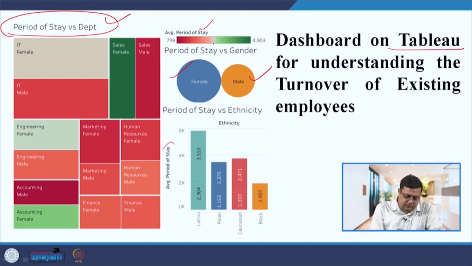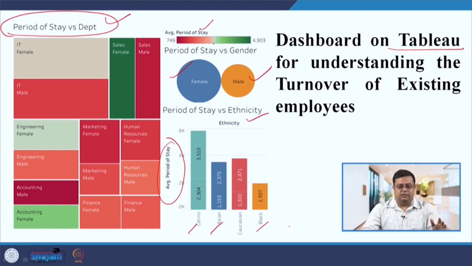And here you can see the average number of stays according to ethnicity, Latin, Asian, Black, and department-wise also, what departments there are. That is how you can visualize this data by using Tableau.